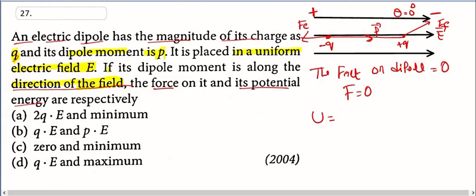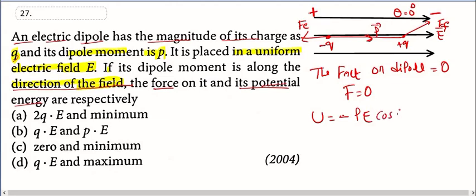Theta is 0 degree, so what is the formula?